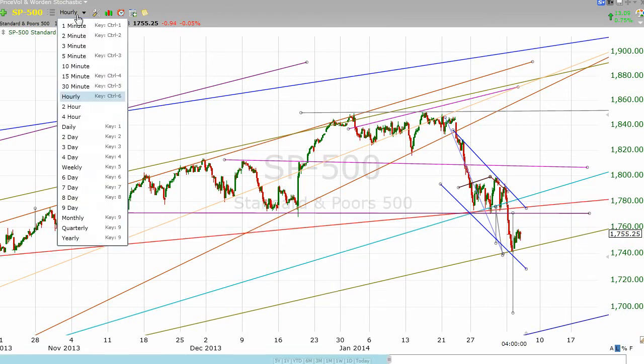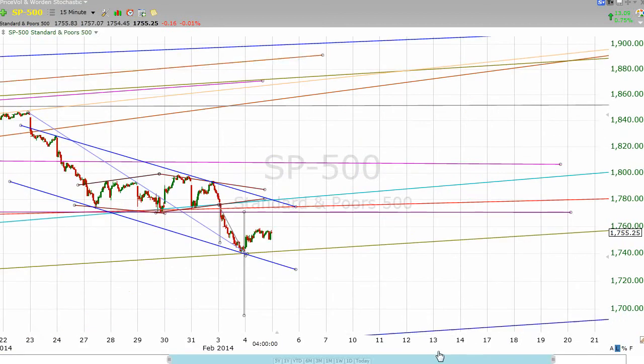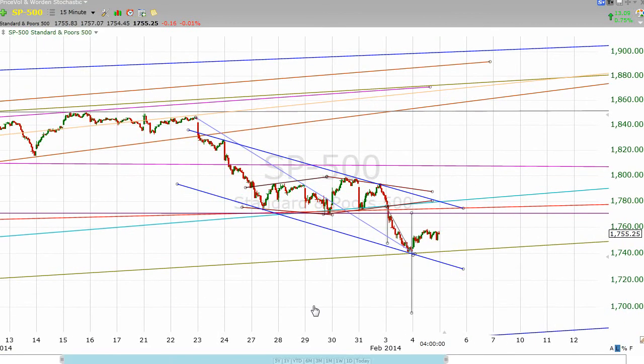But I think I've got something on the chart to help us figure out where we might be setting up a reversal to head back up. And you're looking at it right now. It's pretty basic. It's our parallel channel.